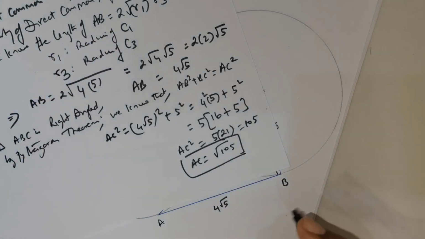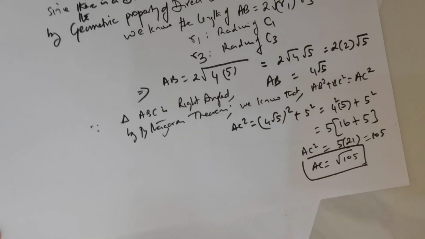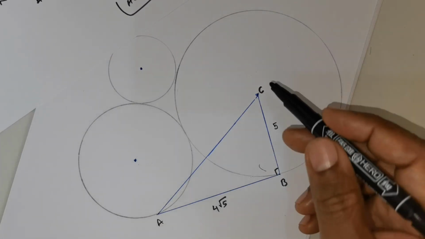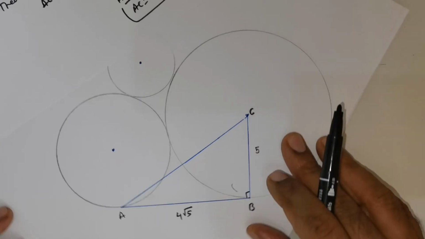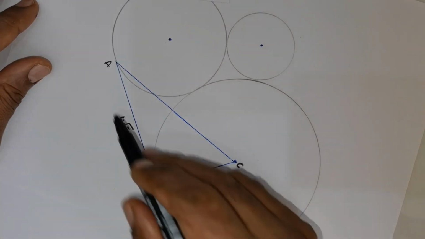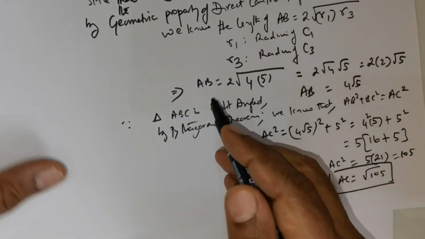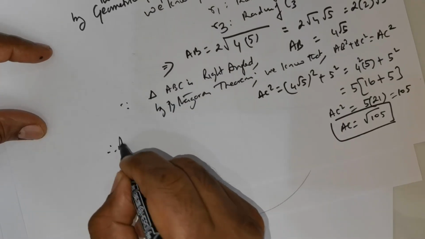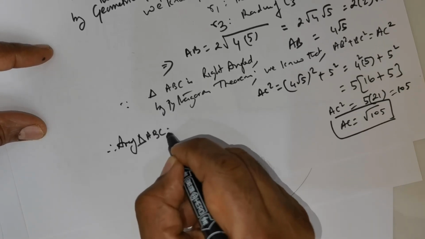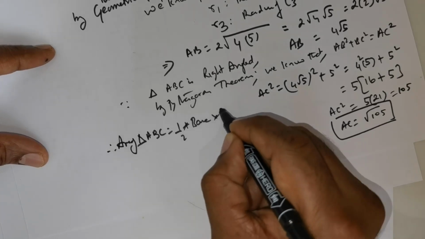As I mentioned to you, we would be requiring this in the next question, but as of now, since I've got AB, I know BC. Because this is how the right triangle looks, right? I got the base, I got the height. So let me write that down. Therefore the area of the triangle ABC is equal to half times base into height.